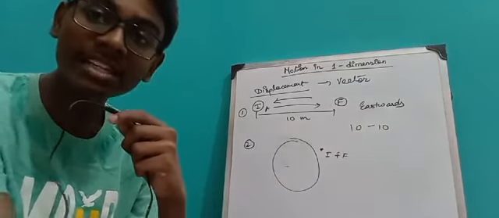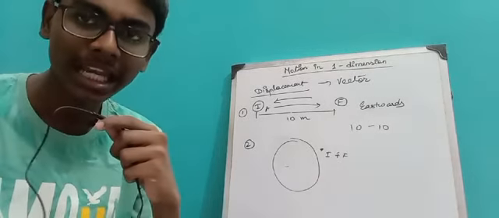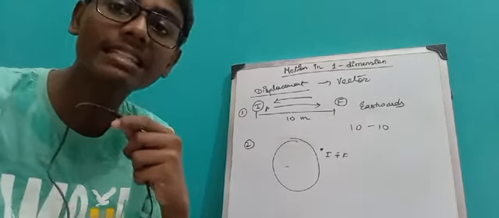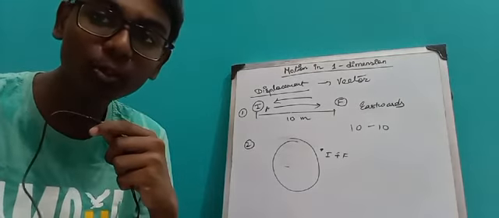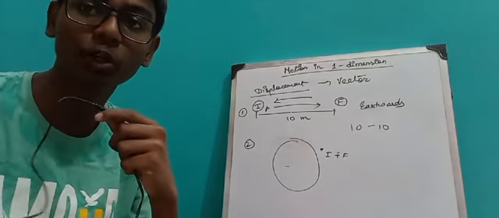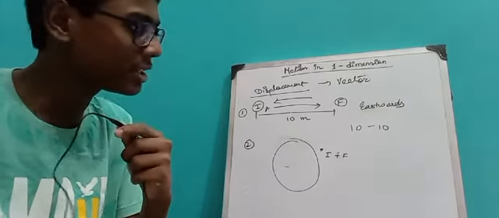Why? Because it has retraced the path. Or in a simple version, if the initial and the final point of a body is same, then the body's displacement is said to be 0. Now think displacement in this situation.